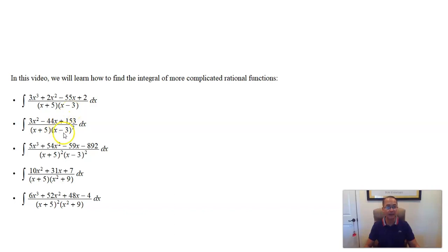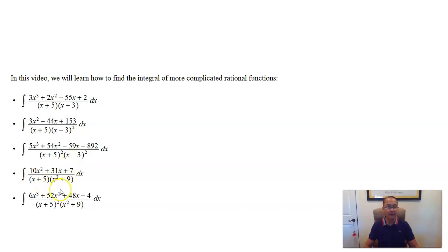And here it gets even worse. You have a square here, kind of like the cube that we saw in the previous screen. But now we have 2 squares. So both of the factors that we saw over here are now squares. So it's getting more complicated. At least it looks more complicated.